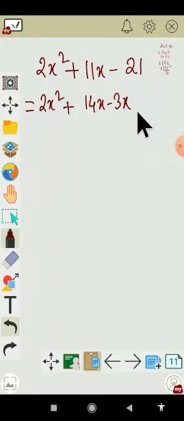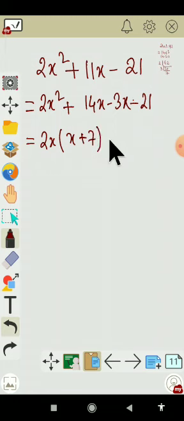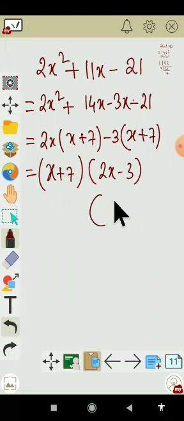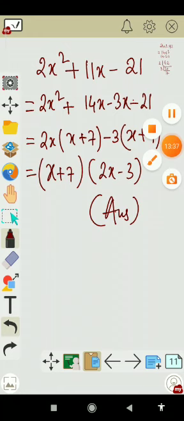Check this one, it will be equal to 11x. Now take common 2x, again take common 3, so we got x plus 7 and 2x minus 3 as the factorization.